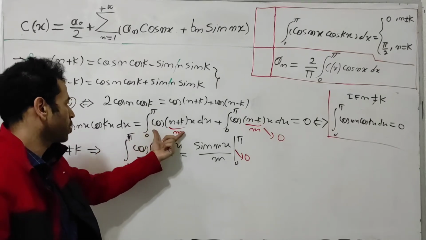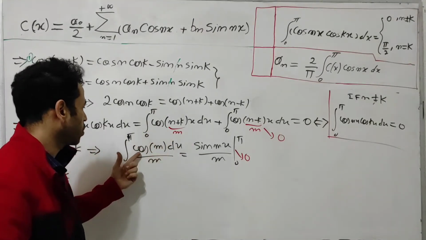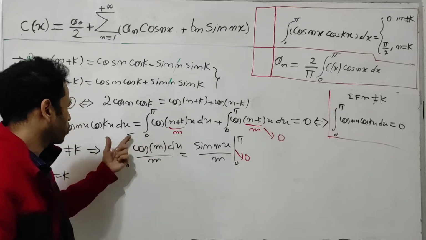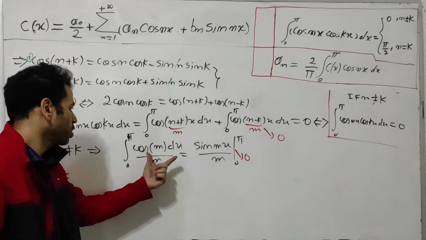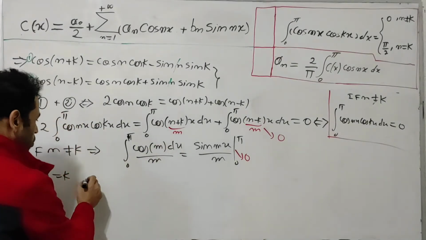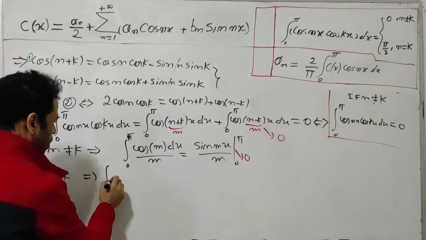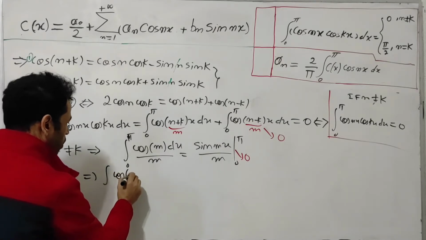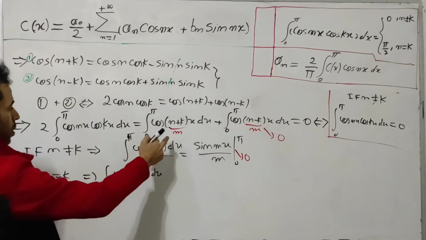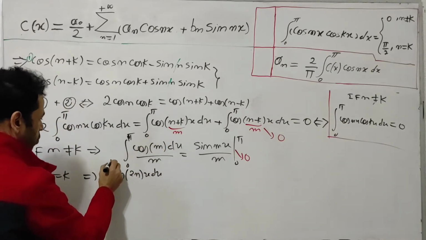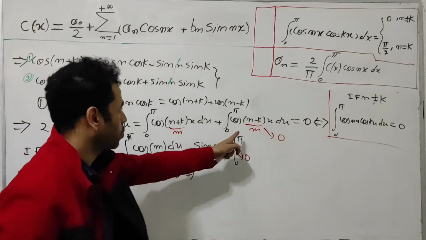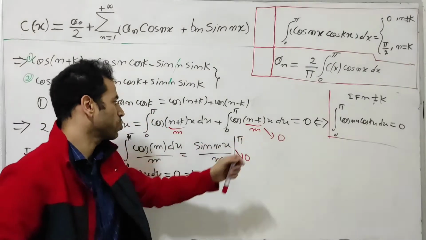The primitive of cosine 2nx will be sine of 2nx over 2n as x goes from 0 to pi, because we have the sine function. So the integral will be 0 as well.